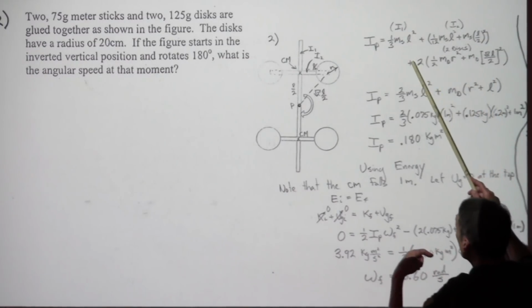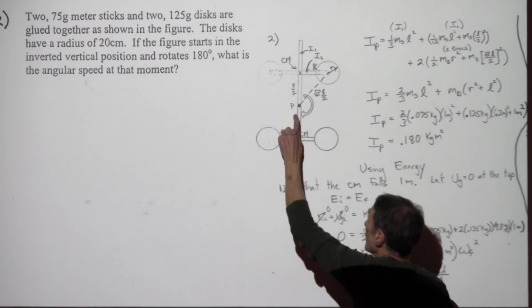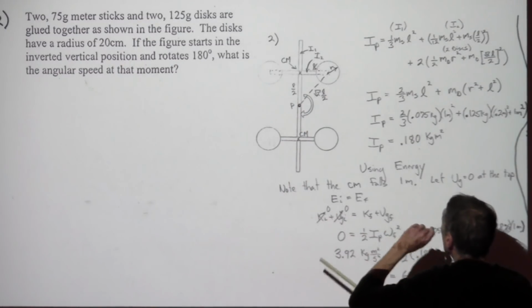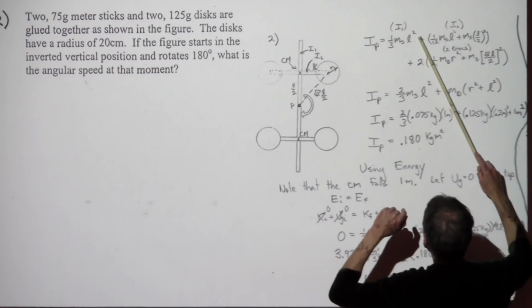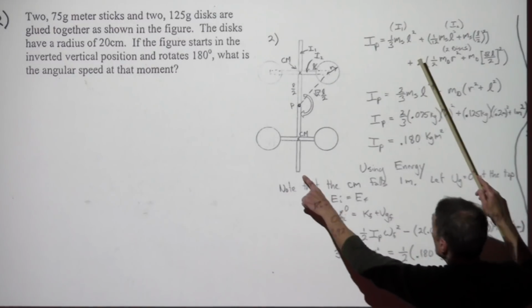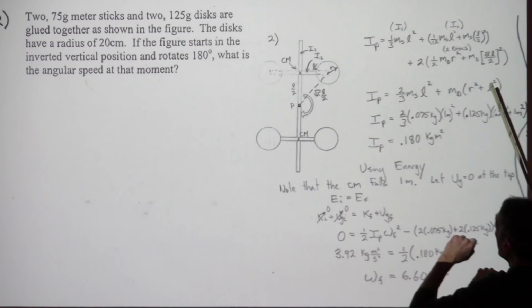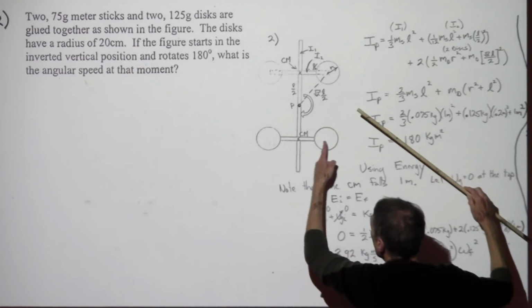If we start with the very first one, I1 would be this stick that's hanging. It's going to rotate around the end point. We could just go ahead and use 1/3 ml squared, where this is the mass of the stick, m sub s. And then the other stick is off at this angle.